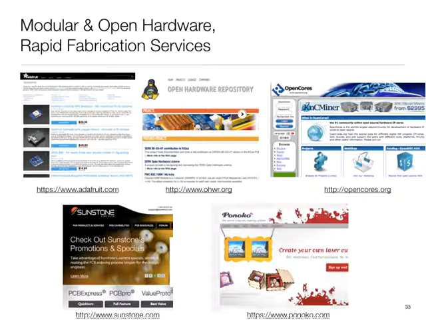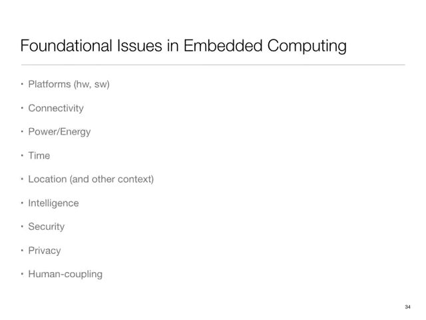So, upshot of all of this, I think I've tried to summarize what I think are some of the foundational issues that exist in embedded computing. So certainly the platforms themselves, connectivity at all scales, both the last inches and meters to last mile to planetary scale, power, energy, and all sorts of things related around time.